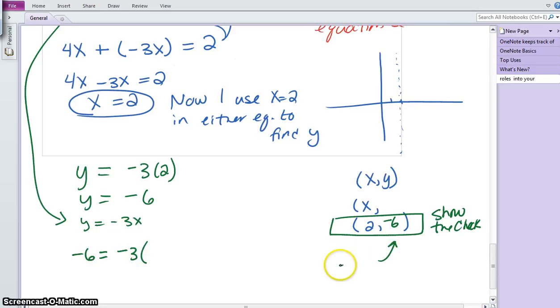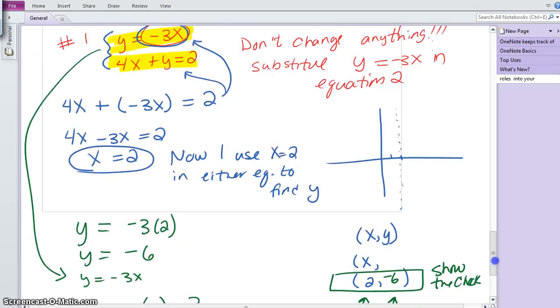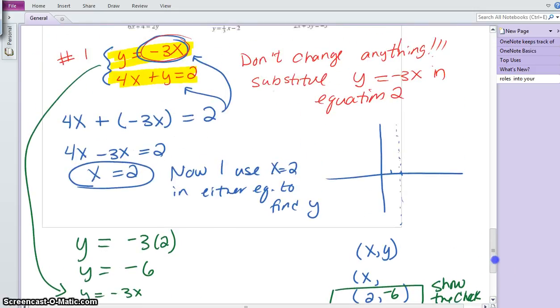And we take our x and substitute for x and see if we get a true statement. Negative 6 equals negative 3 times 2. Yes, we do. So it worked in that equation. So we know this point exists on the line given by y equals negative 3x.